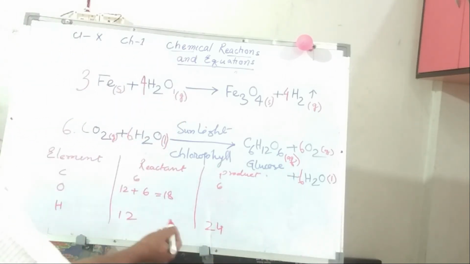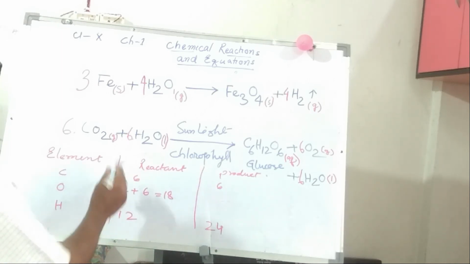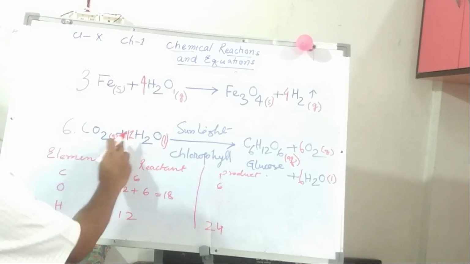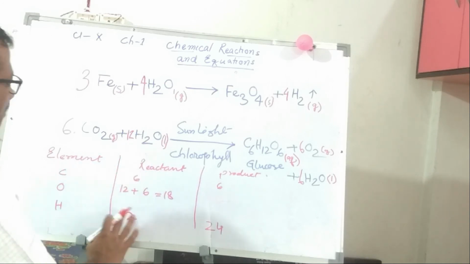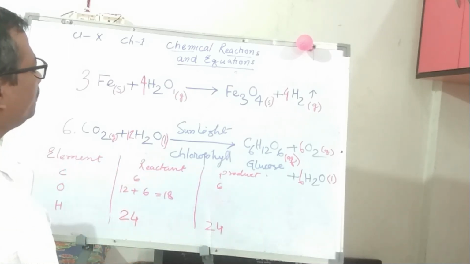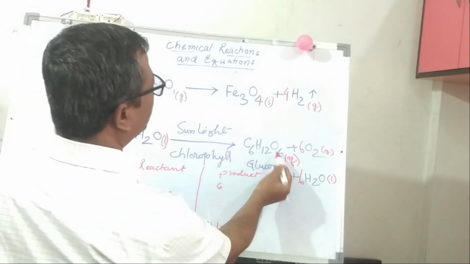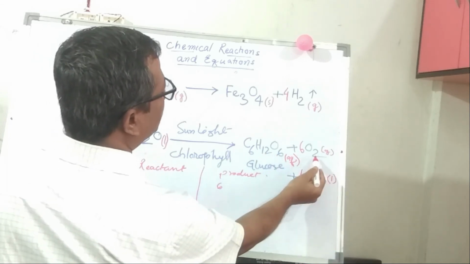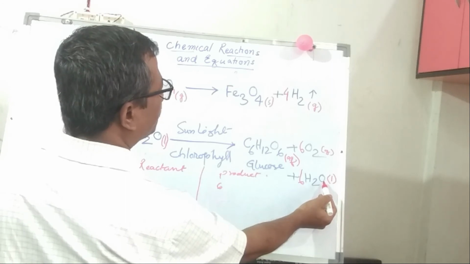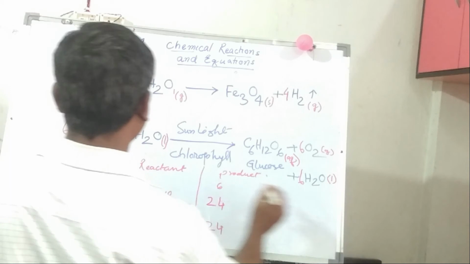To make it equal, we have to multiply it by 12 here. 12 hydrogen to 24. So oxygen how much? Here 6 oxygen, here 6 times 2 is 12 oxygen, 12 and 6 is 18, 18 plus 6 is 24. Here are 24.